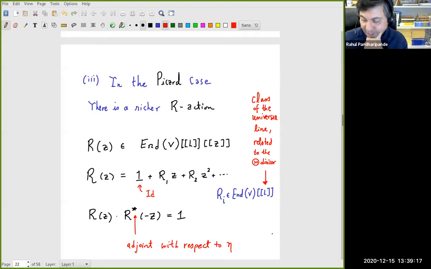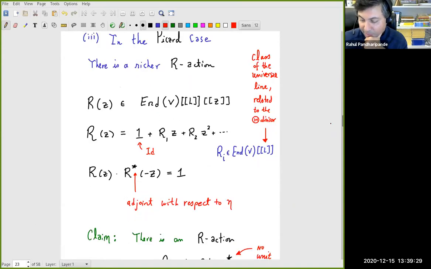They have a new series in L, and this L is related to the geometry of the Picard stack. So it's going to be related to the universal line bundle, eventually related to the theta divisor. So this is some kind of new piece of geometry that's going to come in that has to do with the Picard stack.